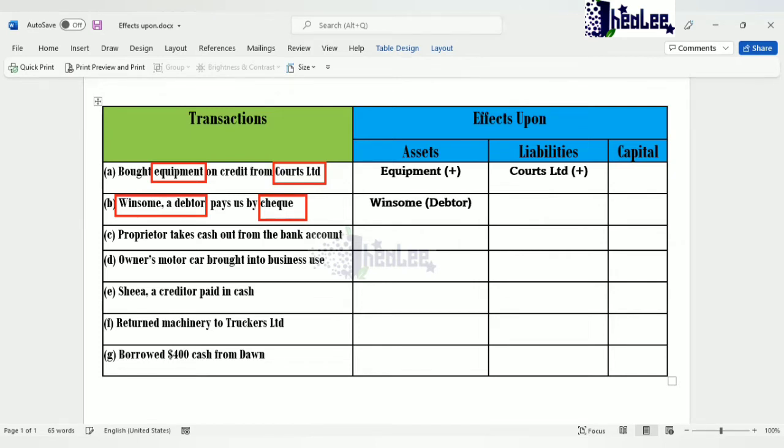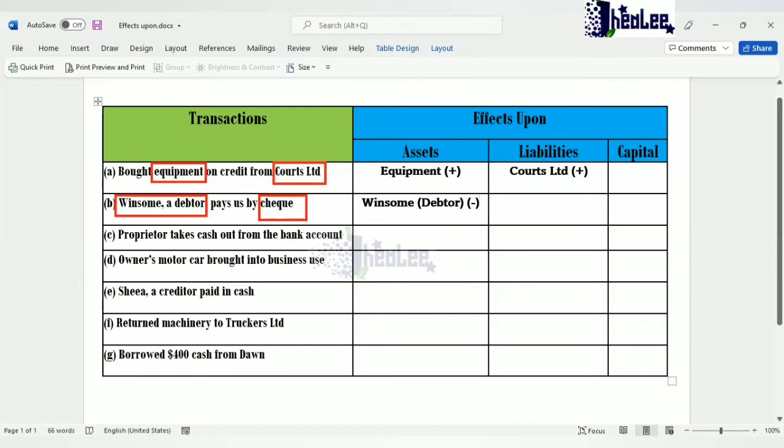And we now need to indicate whether there's an increase or decrease in the value of what the person is owing to us. Now, this person pays us some money, some of what is owing. So therefore, whatever is owed by this person decreases. So whatever is owing to us by this individual decreases. So we're using a minus to represent that.